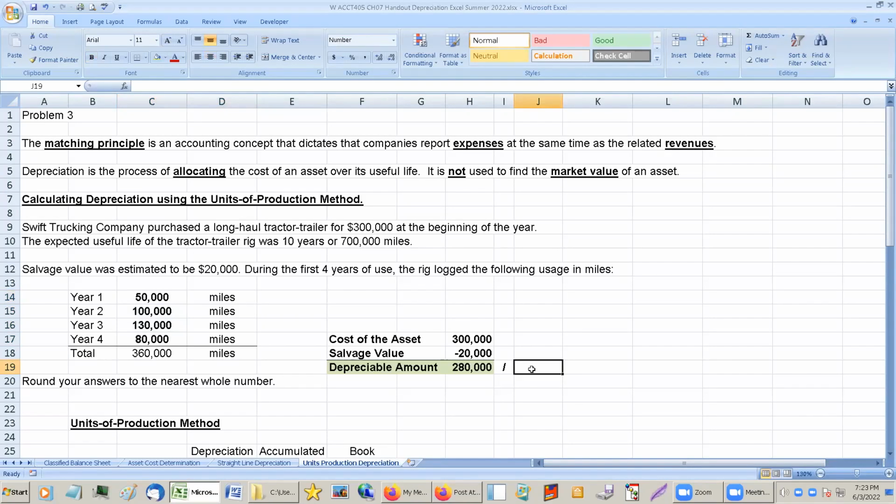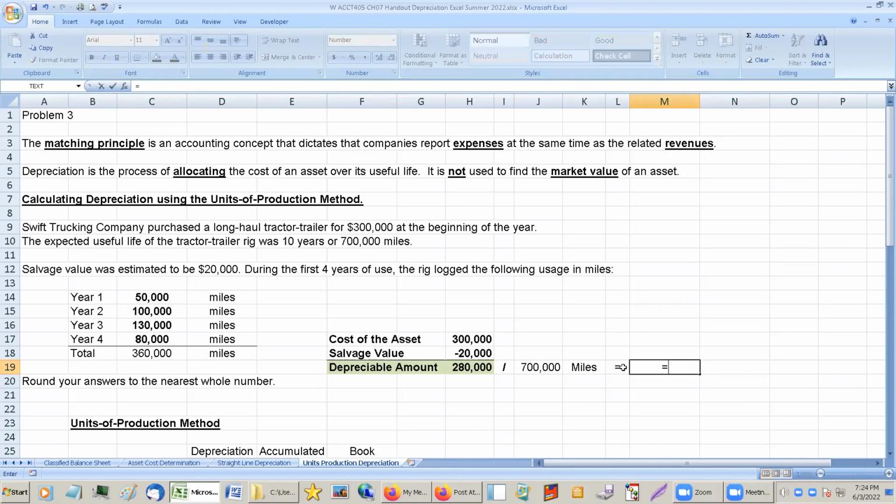Okay, so we have to figure out how much it is per mile. Instead of depreciating it by 10 years, we're going to depreciate it by 700,000 miles, and this will give us a depreciation expense per mile. So this is the depreciation expense.